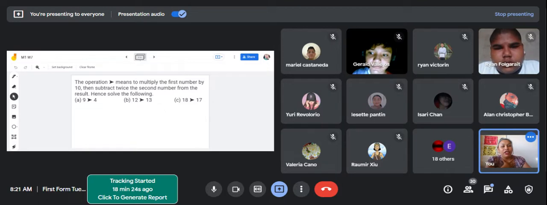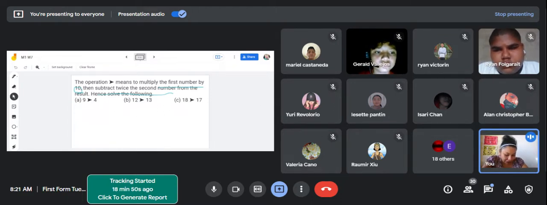So now, looking at this question, it says the operation, and it's a little arrow, means that we multiply the first number by 10, then subtract twice the second number from the result. I'm going to read it again.